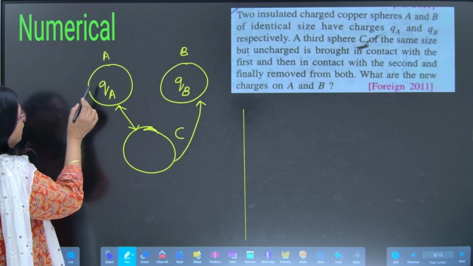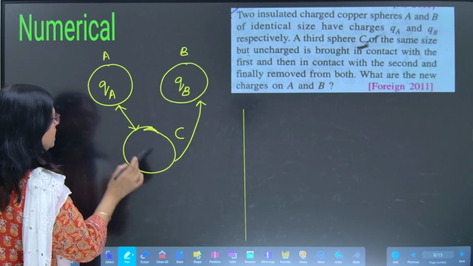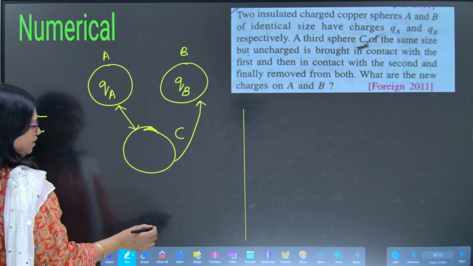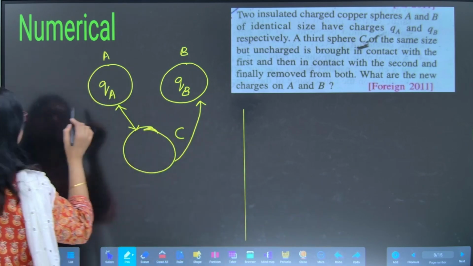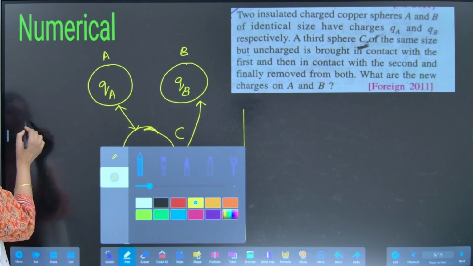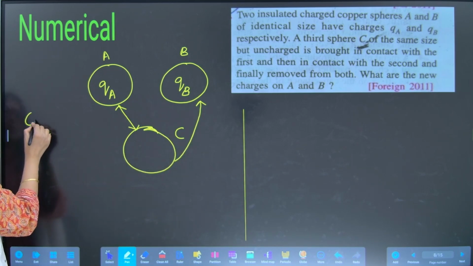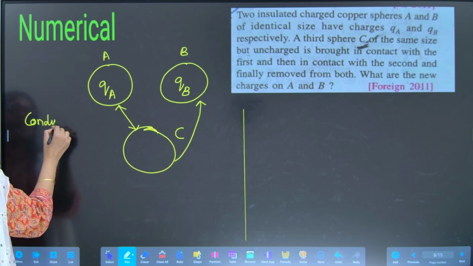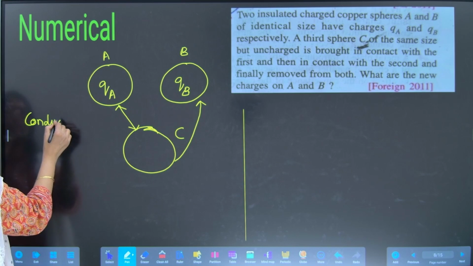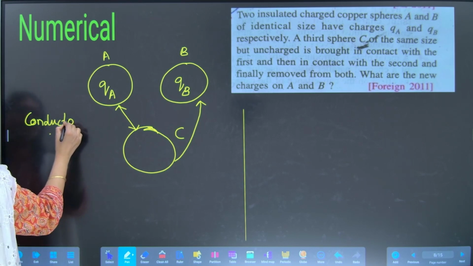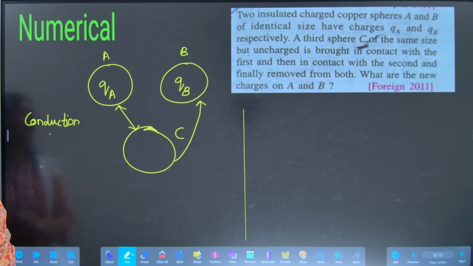So when A comes in contact with C, according to the theory of conduction which we learned in the theory part, both the spheres will get equal charges.